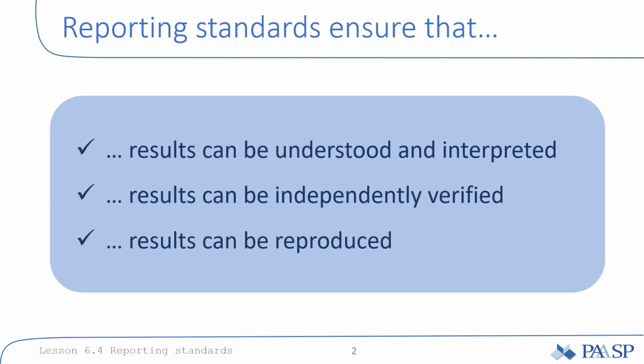In general, the aim of reporting standards is to ensure that results can be understood and interpreted properly by any reader of such reports or publications, and that there is sufficient information that results can be reproduced by others and independently verified.